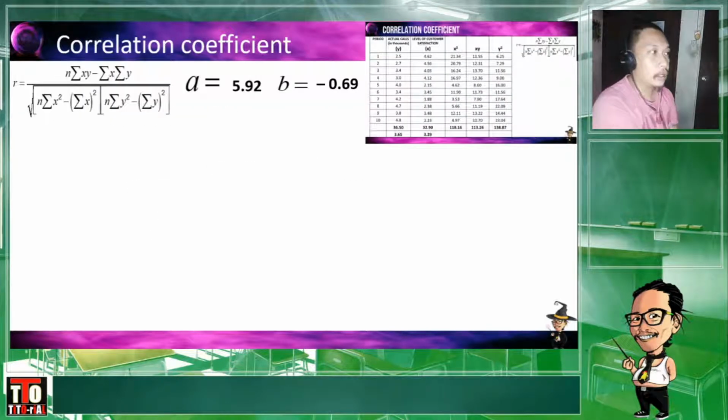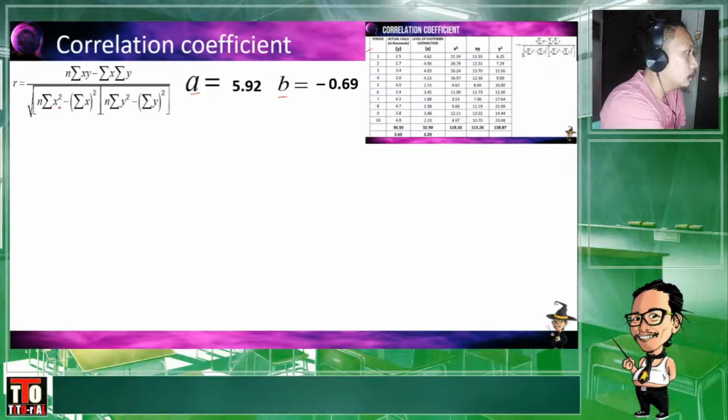Okay, so naglagay na rin ako ng value natin ng A and B. Tapos, ito pa rin yung original table na ginawa natin kanina. Okay? Now, let's try to solve. So, again, ang N natin, na-establish na natin na ang N natin ay ten. Okay?